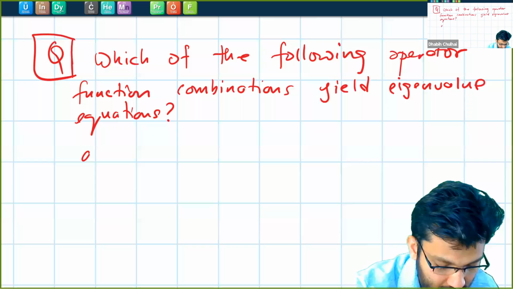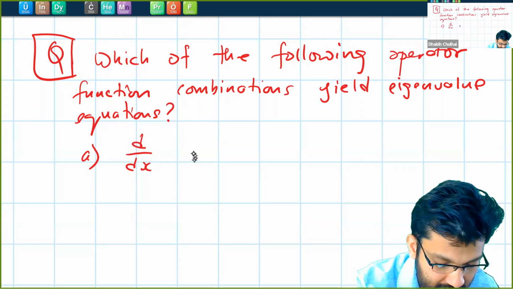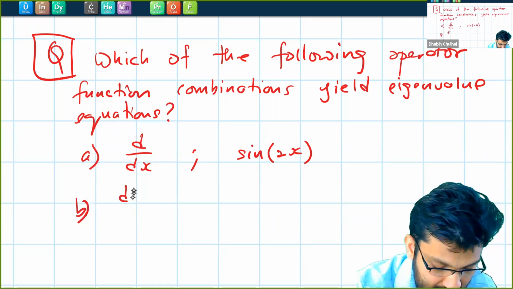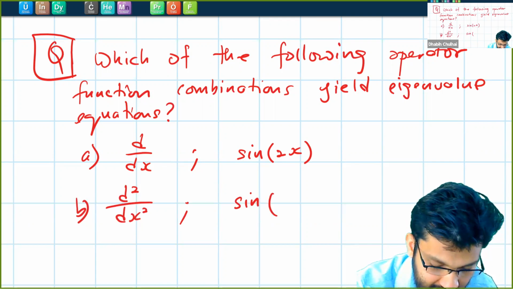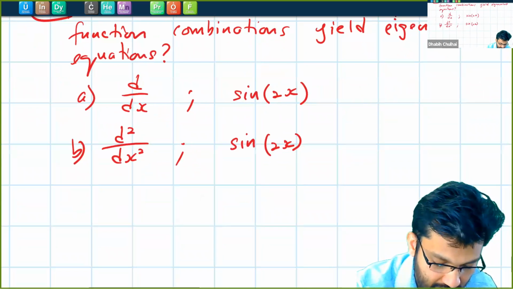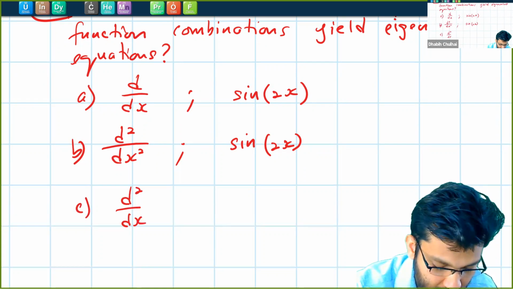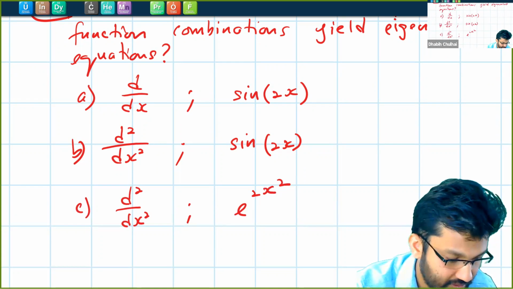I'm going to do a few of them. So this is the first operator, and this is the first function. This is the second operator, the second differential, and this is the second function. And this is the third operator. Let's do the second differential again, and this is the second function.